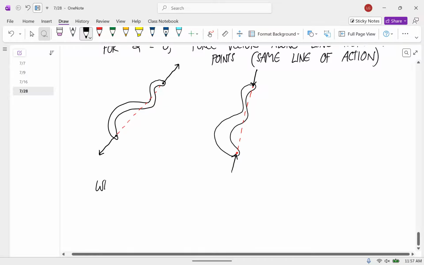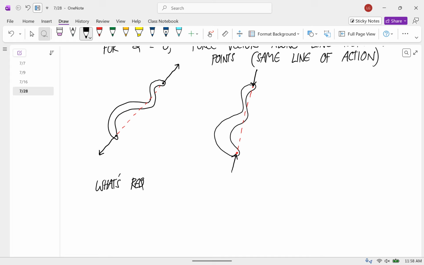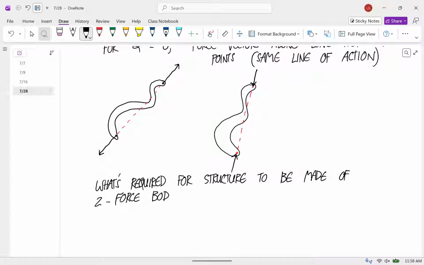So what's required for a structure to be made of two force bodies? The first thing is there can't be any weight.